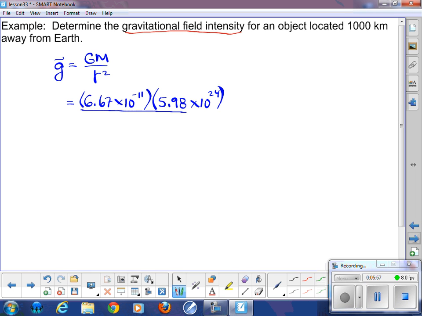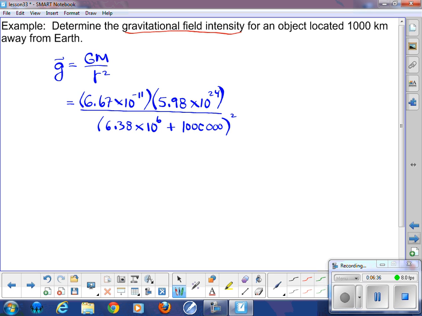In the denominator, you need to be careful because r is the distance from the center of the source. So from the center of the source to 1,000 kilometers, we can look up on the sheet that the radius of the Earth is 6.38 times 10 to the 6 meters, plus 1,000 kilometers. We need to switch that to meters. Oops, actually, sorry, there are 1,000 meters in a kilometer, so we need to add 3 zeros there.